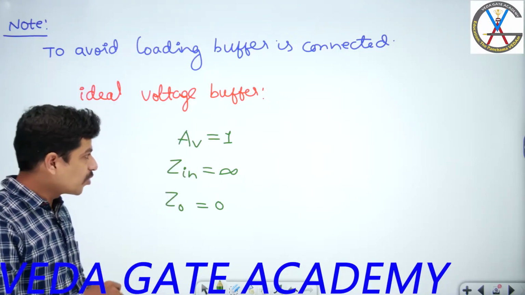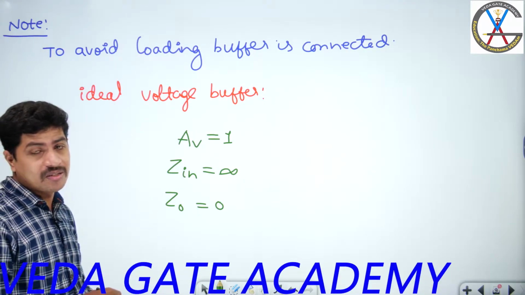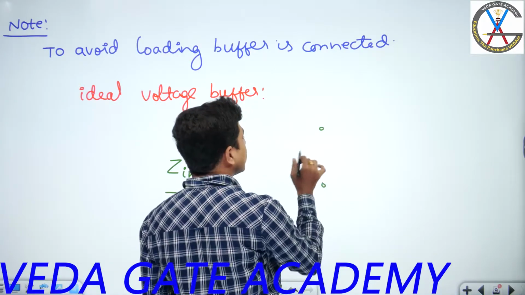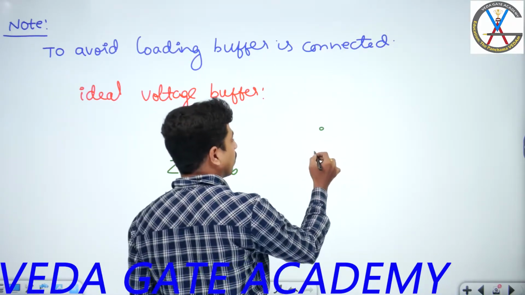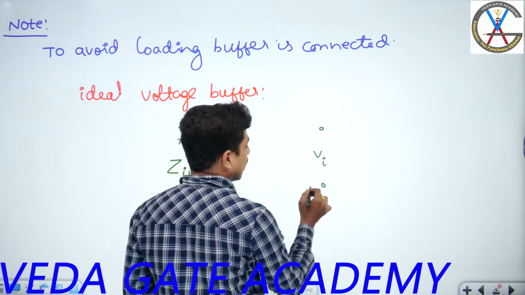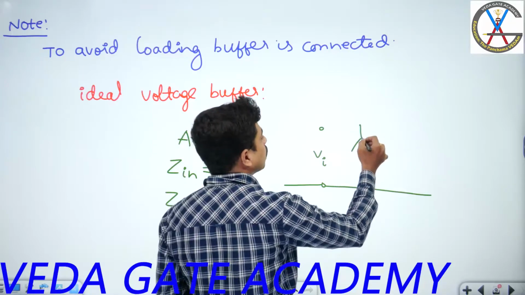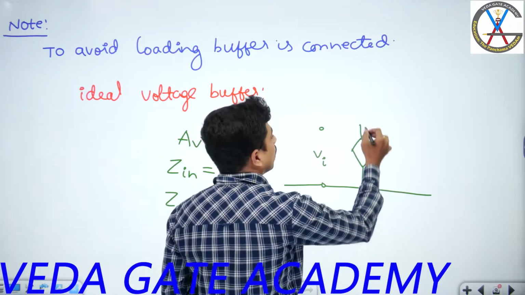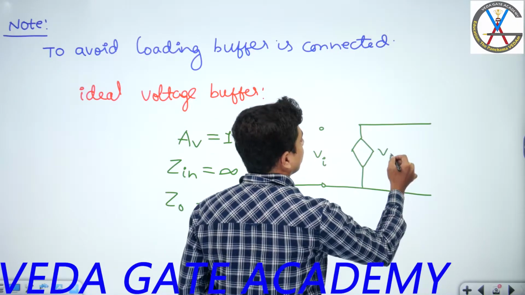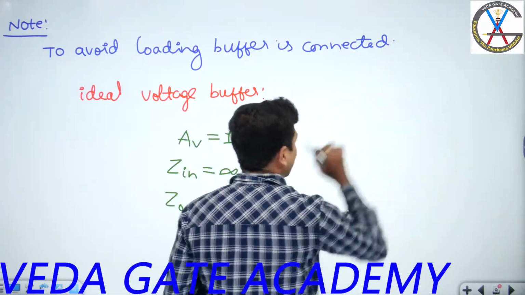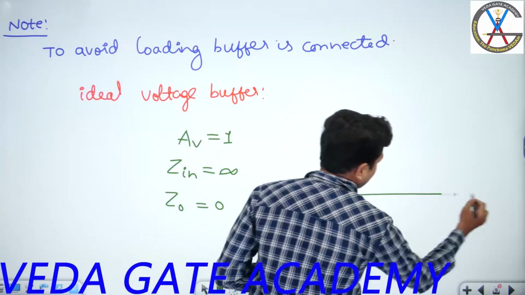How to represent this in the form of a circuit? See, here, this is the input side you are connecting. Suppose this voltage is VI. Now, how much are we going to get here? Here also we are going to get VI. I'll draw it once again. Let us take a reference.